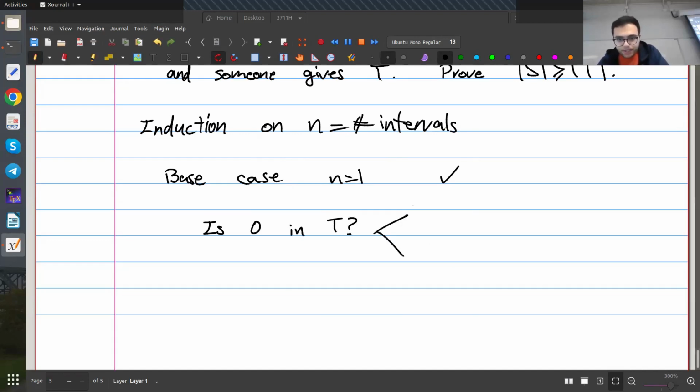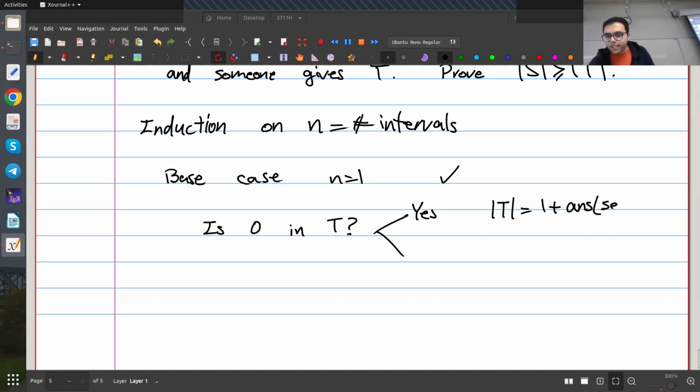Now, there are two cases. If yes, then great. I can just use my induction hypothesis. I can say that T is taking segment 0, so it cannot take any of the segments that intersect with 0. So the size of T is going to be 1 plus the best possible answer over segments that do not intersect 0. Right?